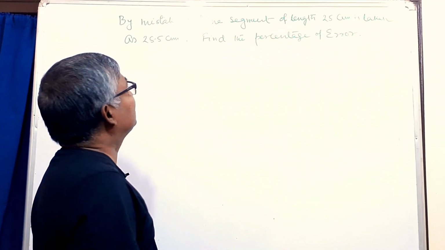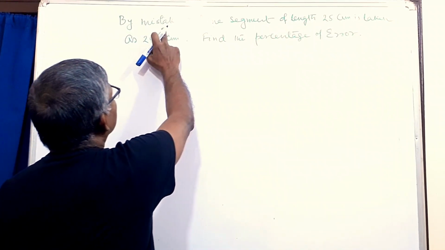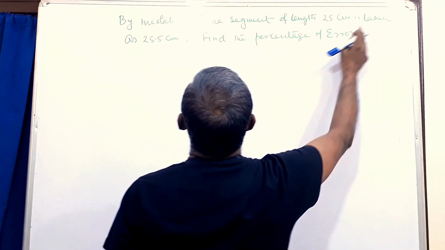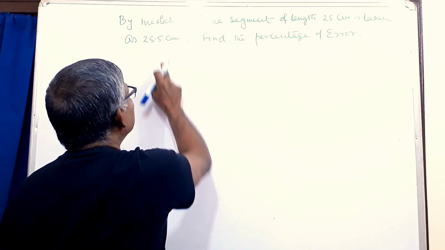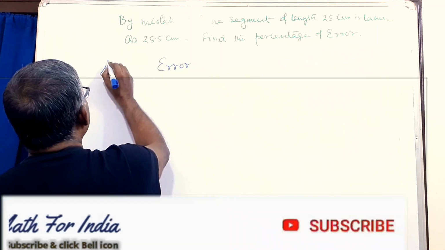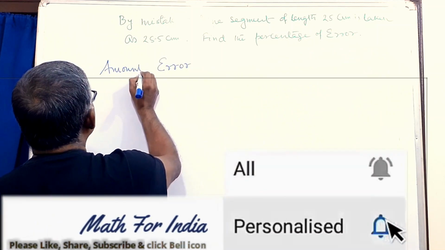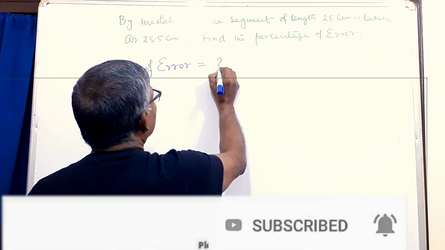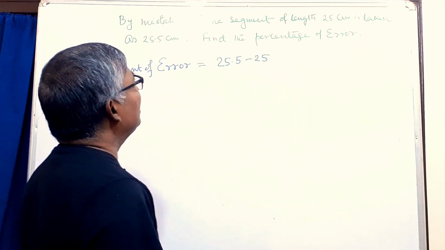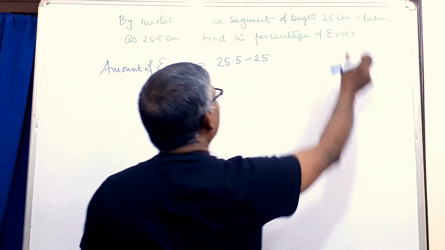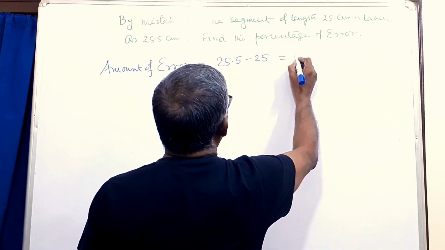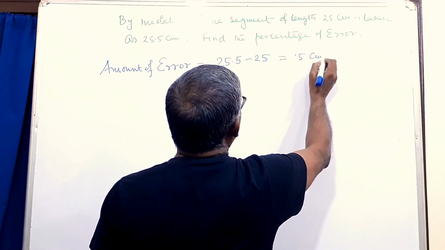Students, let us consider the mathematical problem. By mistake, a line segment of length 25 centimeter is taken as 25.5 centimeter. Find the percentage of error. Here see, amount of error equals to 25.5 minus 25, because original length is 25 and wrongly it is taken as 25.5. So the error is 0.5 centimeter.